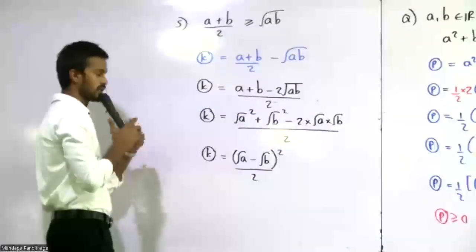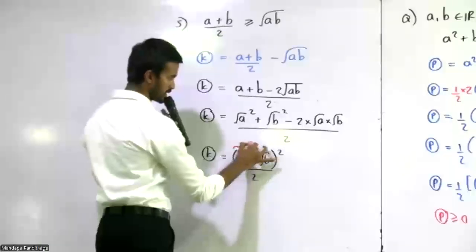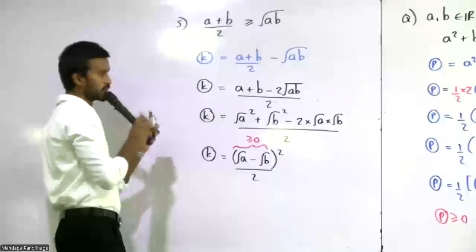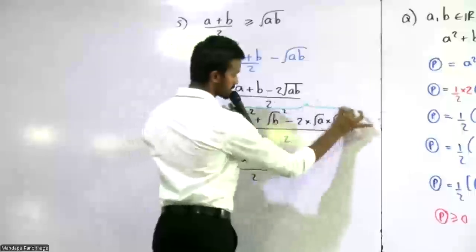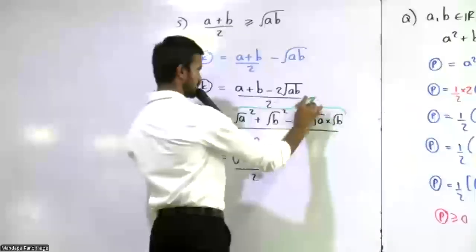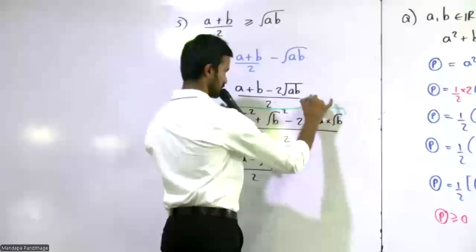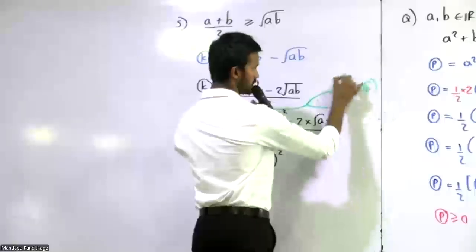When it is a square term, you can say that it is greater or equal to 0. So root a squared plus root b squared minus 2 times the product of the two terms is root a minus root b squared.